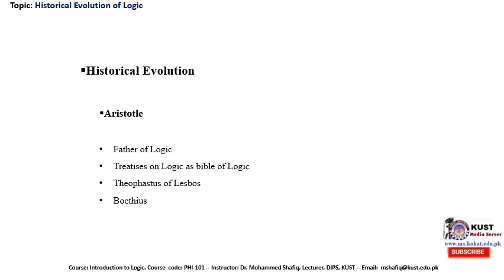So we start with the great name of Aristotle. Aristotle is one of the greatest minds of human history, who has written extensively upon almost every aspect of human knowledge, and he is considered to be a genius.